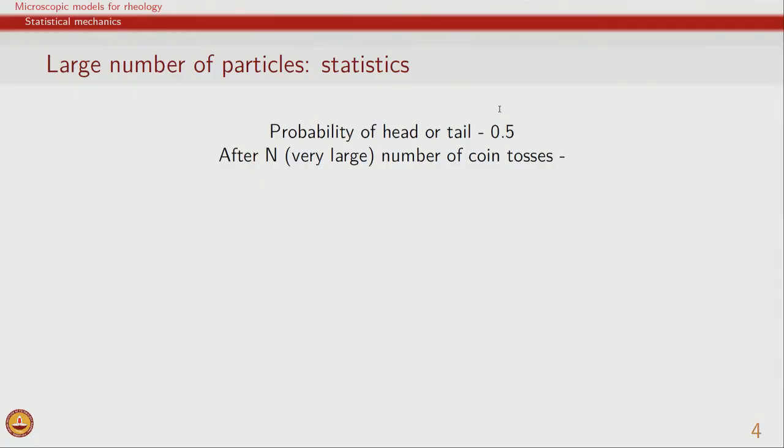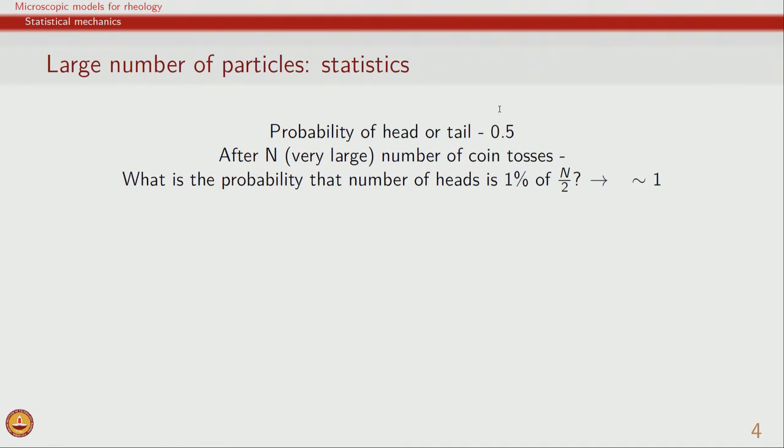So, if we have a very large number n of coin tosses, we can generally say that the probability that the number of heads is within 1% of n by 2 is almost close to 1. Therefore, we can generally assume that if there are a large number of trials, we will get 50% heads and 50% tails.